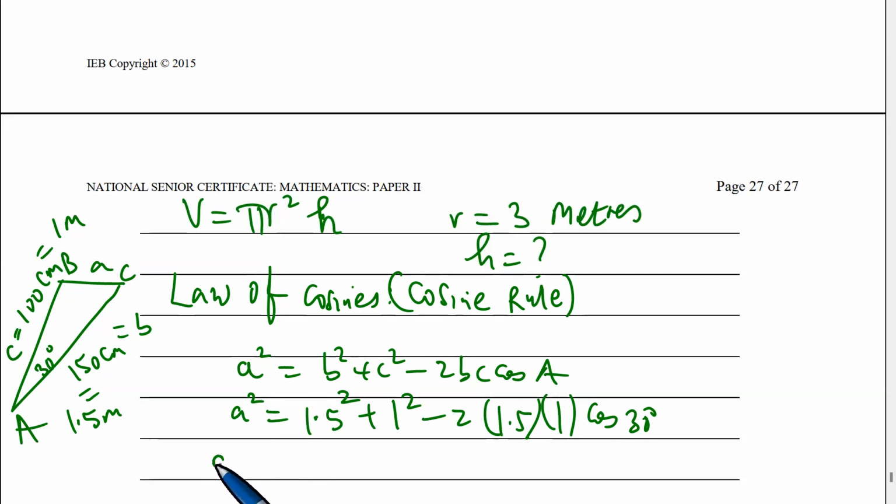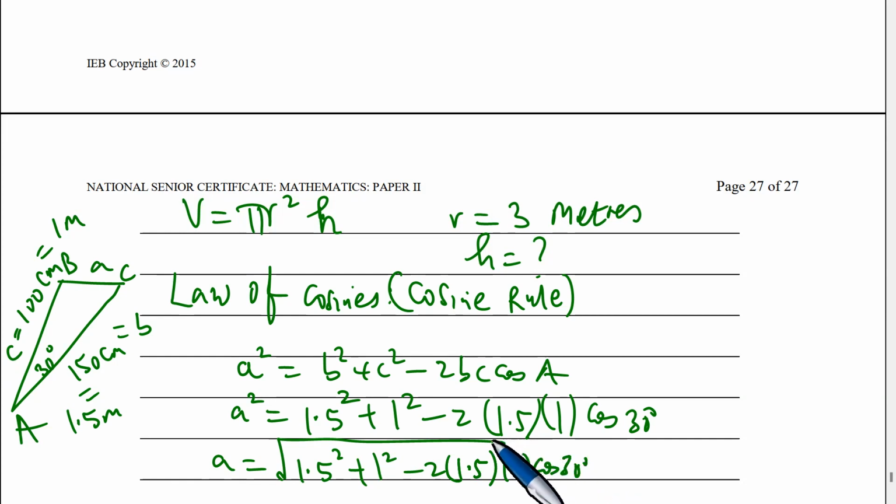So now we shall be able to get a, which is the square root of everything. a is the square root of 1.5 squared plus 1 squared minus 2 into 1.5 into 1 into cosine 30 degrees. And this is 0.807, and these are meters.